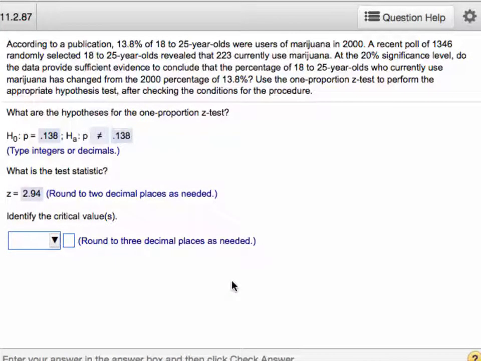Okay, the critical value. So the critical value is going to come from our 20% significance level. So 20% significance, we haven't really seen that before. What does that mean if we're doing a hypothesis test of just being different, right? Just being different means it's a two-tailed test. So how much area do we have on either tail?